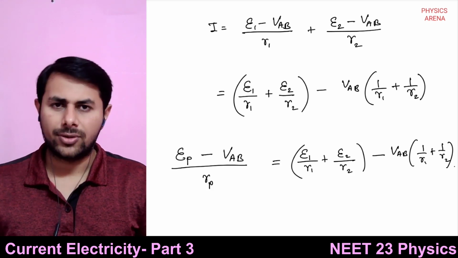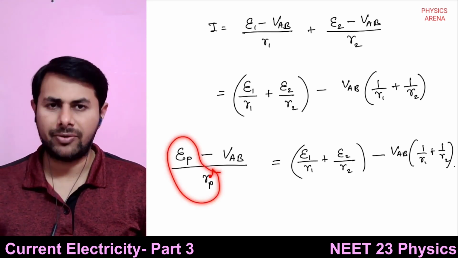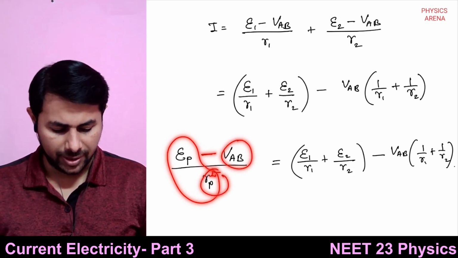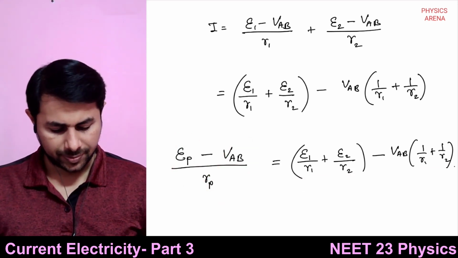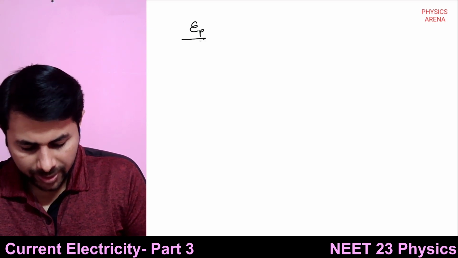Then we can separate this term and write it as EP divided by RP minus VAB upon RP. It will be equal to this term minus this term.